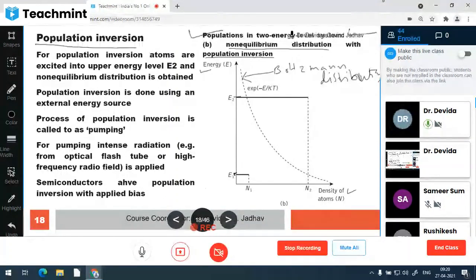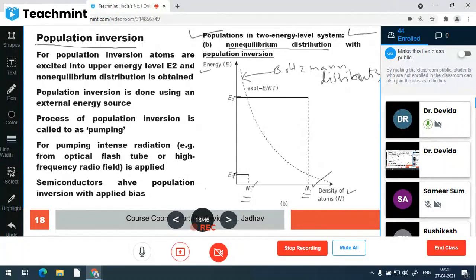But now the number of atoms in the conduction state energy level is larger than the number of atoms in the valence state energy level. N2 is larger than N1.